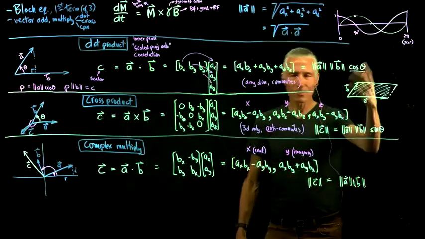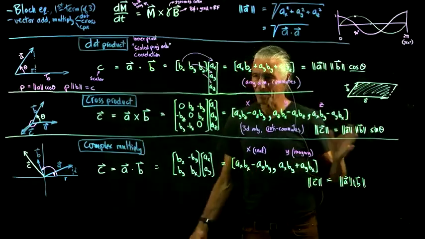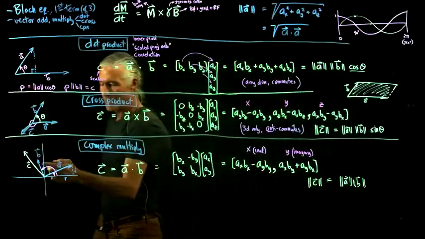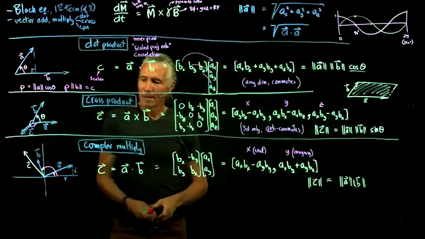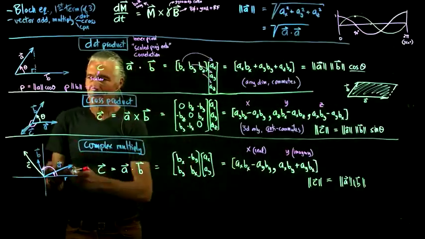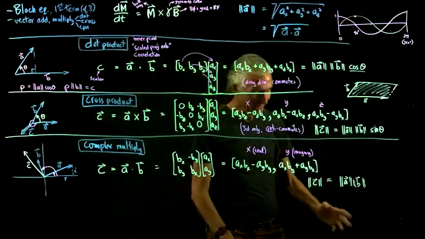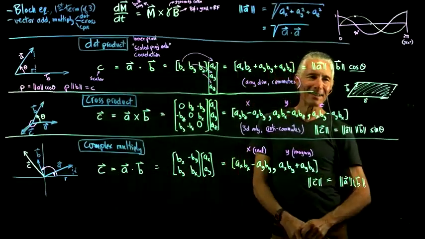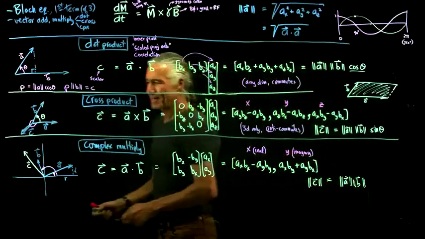So there's no sine or cosine there, so the angle doesn't matter. Angle is irrelevant. All you do is just add the angles of them, and it doesn't matter what angle they are relative to each other. So you can see it's yet a different thing, the complex multiply.